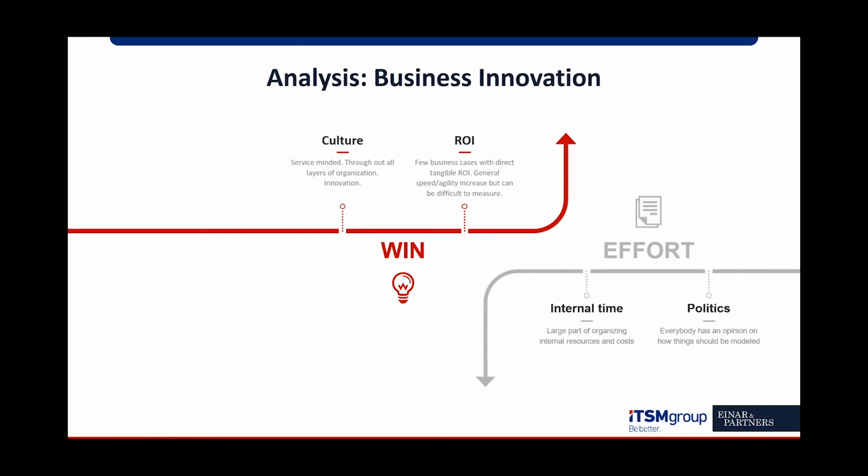In the effort perspective, there is a lot of internal time spent here. In my opinion, if you want to succeed with CSDM and business innovation, the determining factor is coordination. I'm going to repeat that: coordination, coordination, and coordination. Very rarely is it a technical issue, but almost always coordination.